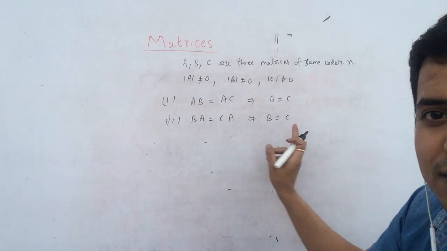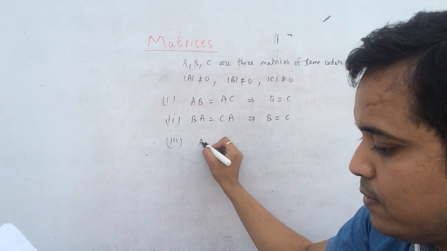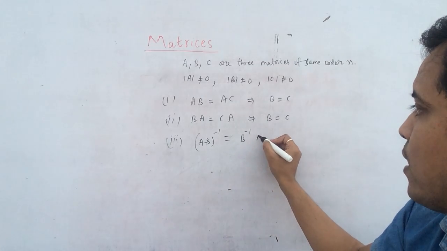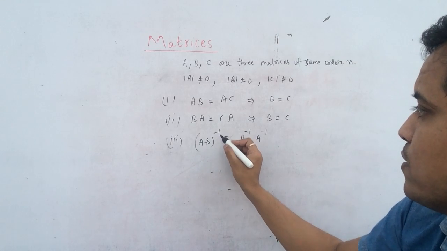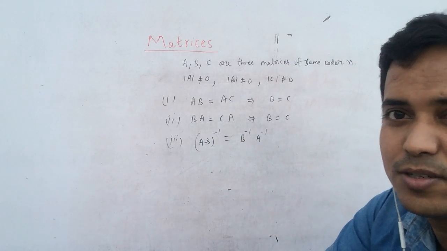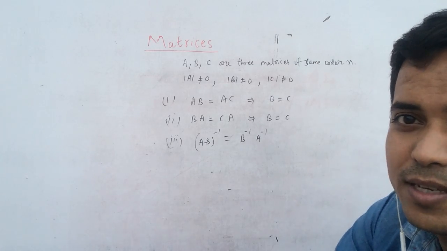Third property is (AB) inverse equals B inverse A inverse. If you write (AB) inverse equal to A inverse B inverse, that is wrong, because matrix multiplication is not commutative, so you need to learn this.